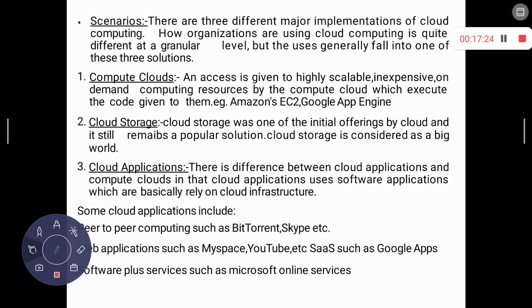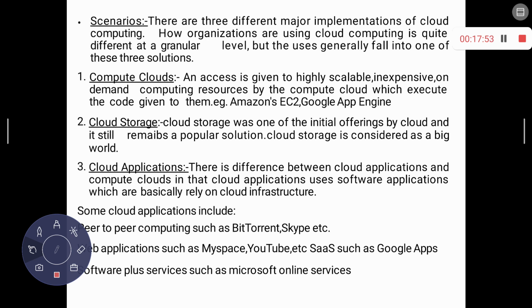First one is what? Compute clouds. Second one is what? Cloud storage. And third one is what? Cloud applications. Computational part means access is given to highly scalable, inexpensive, on-demand computing resources by the compute cloud which executes the code given to it. Example: Amazon EC2, Google App Engine.